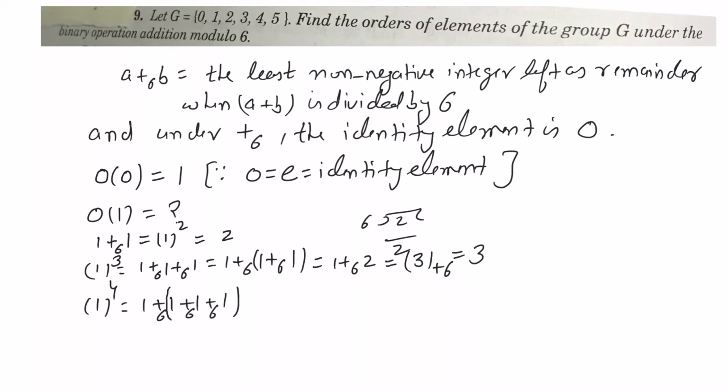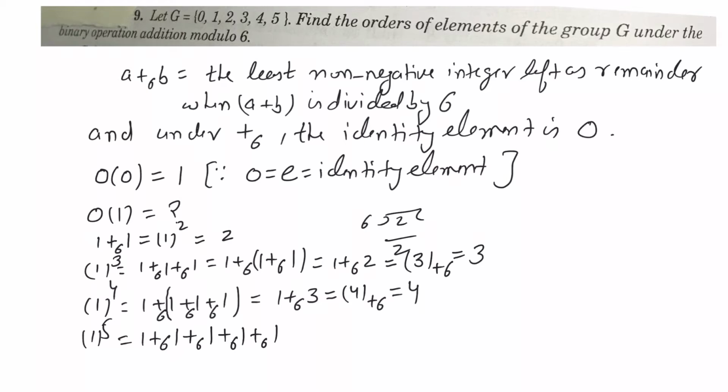We know that this is equal to 3, so this will be 3 plus 1, which is 4, and when divided by 6 this gives 4, so 1 to the power 4 is equal to 4. Similarly 1 to the power 5, 1 plus 1 plus 1 plus 1 plus 1.